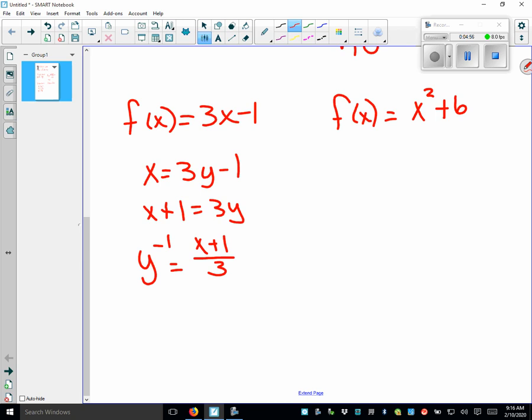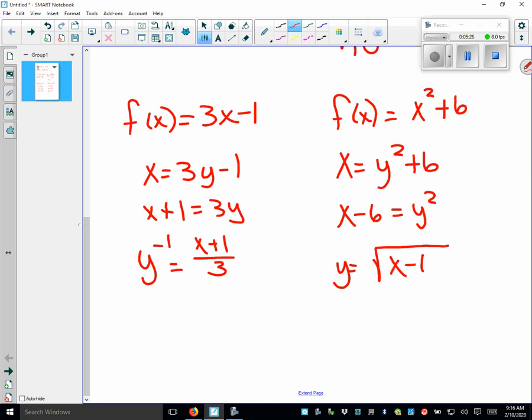Even if you get stuck, surely you can switch x and y places because you'll get some points for that. x equals y squared plus 6. I better subtract 6 first. x minus 6 equals y squared. So what is y? Square root of x minus 6.